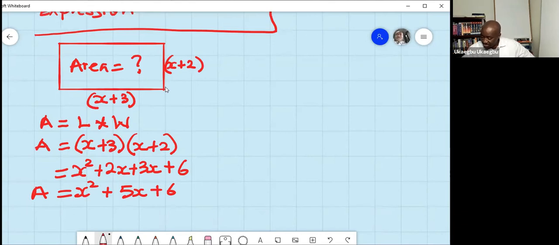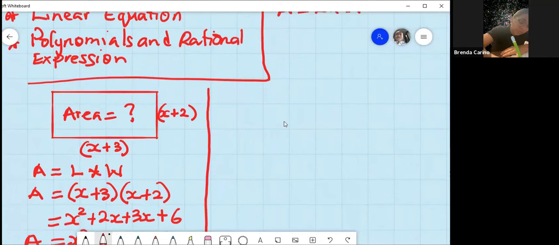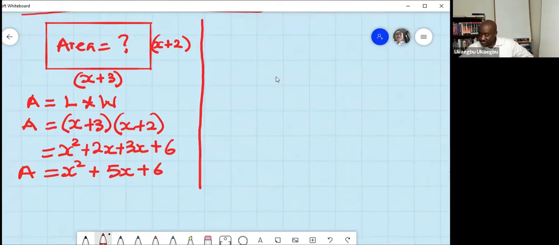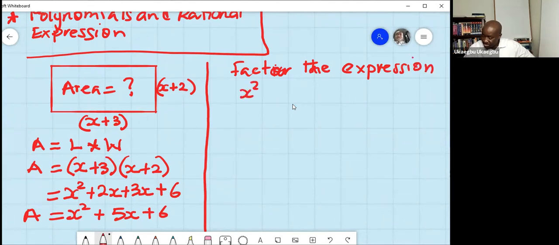All right. Now here's the magic. You see, our topic was supposed to be factoring, right? So now somebody can actually give us this expression and say, factor the expression x squared plus 5x plus 6.